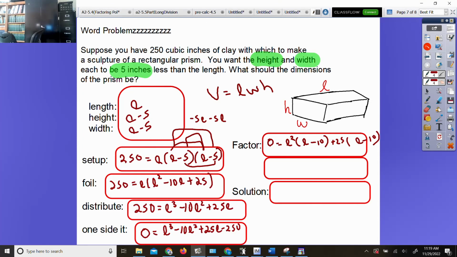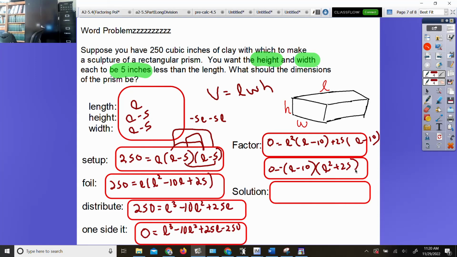It's always a 2-step process on factoring by grouping. What's the common factor? L minus 10. What's left over? L squared plus 25. There we go.